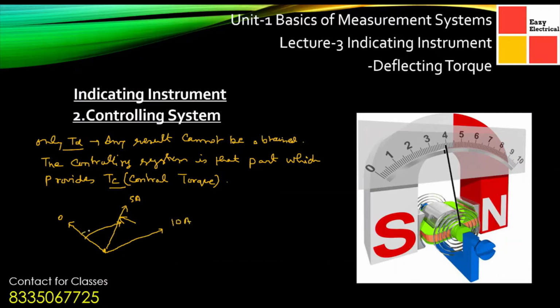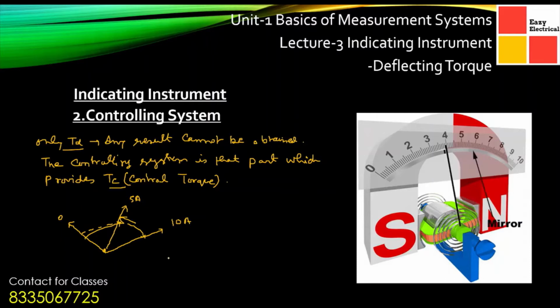The deflection of the pointer will take place from 0 to 10, but there is no one to control, so the reading will continuously increase. We are trying to get the reading at 5 ampere, but we are getting 10 amperes. Moreover, it would not come back to the 0 position, and we would not get the 0 value on withdrawal of the voltage or current which is producing the torque.